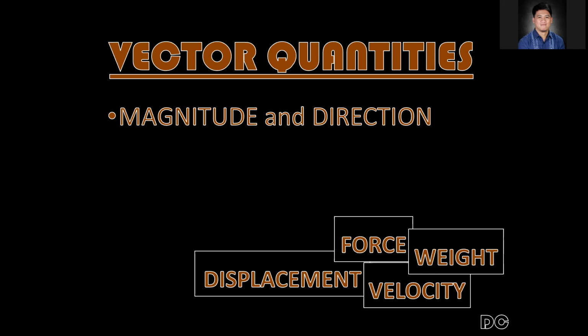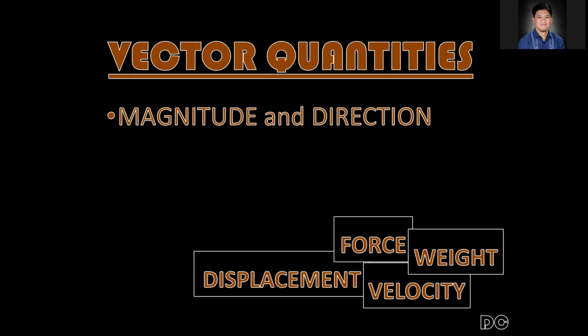That is the difference between scalar and vector quantities. An example of a scalar and a vector quantity is distance and displacement. Distance is an example of a scalar, and displacement is an example of a vector.